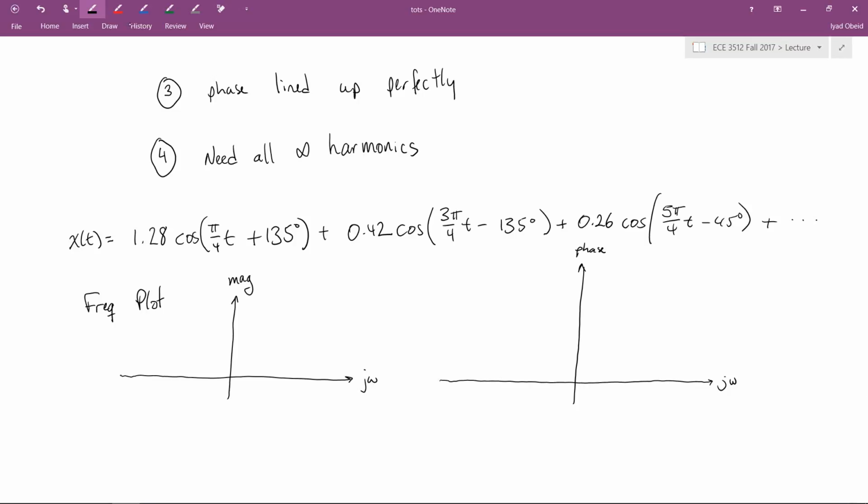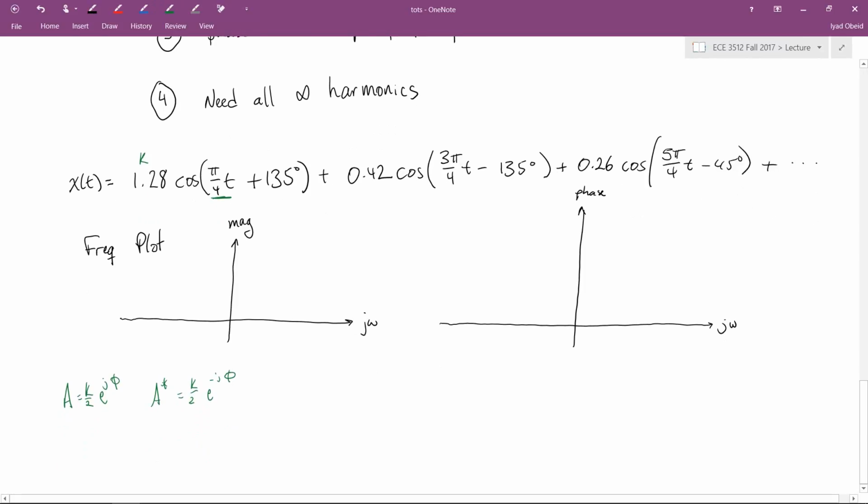The first cosine has energy at pi over 4 rads per second, and the magnitude of that energy is 0.64. Remember, if this is k, then A equals k over 2 e to the j phi, and A conjugate equals k over 2 e to the negative j phi.